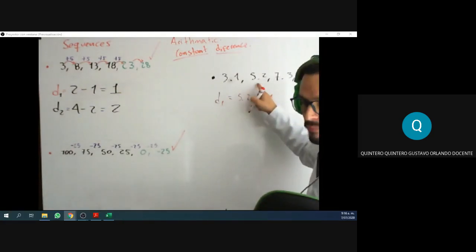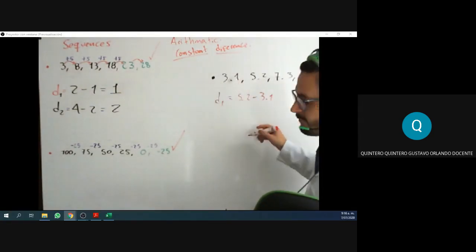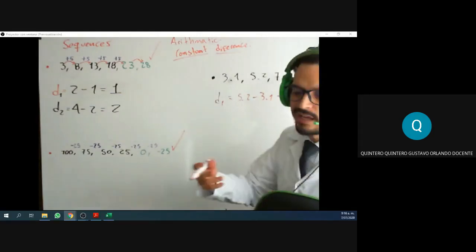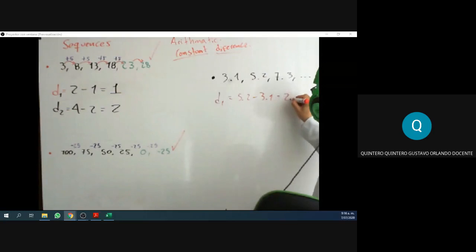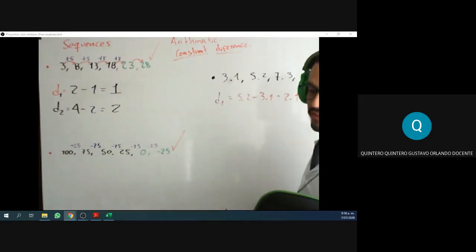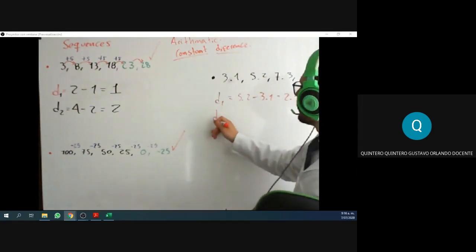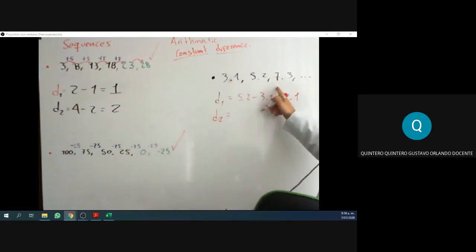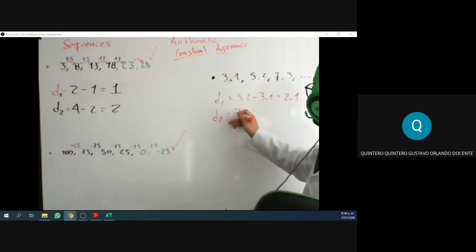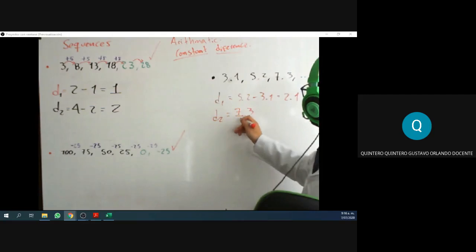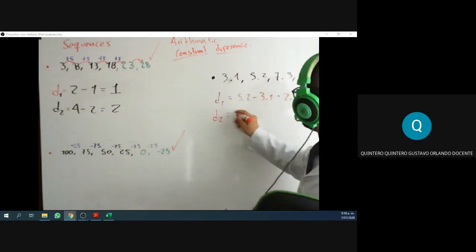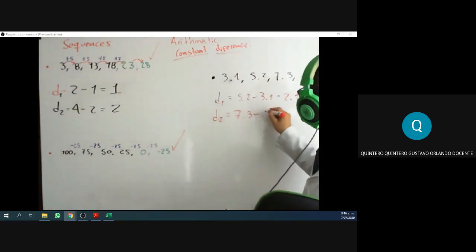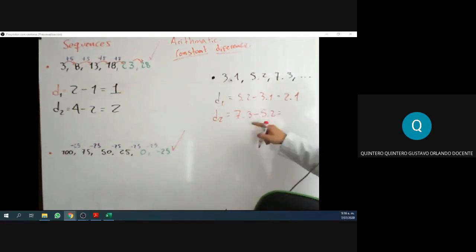Again, the second number minus the first one. If you cannot do it in the mind, it's okay. This will be 2.1, right? That is the first difference. Then find the second difference: third number minus the second. So this is 7.3 minus 5.2. This difference is exactly 2.1.